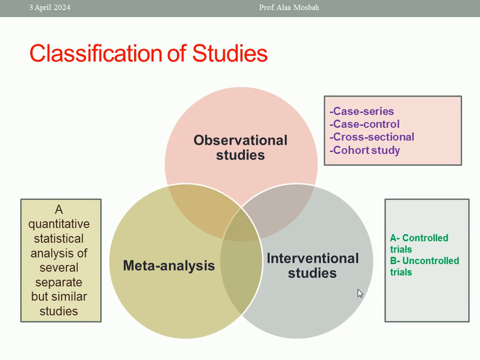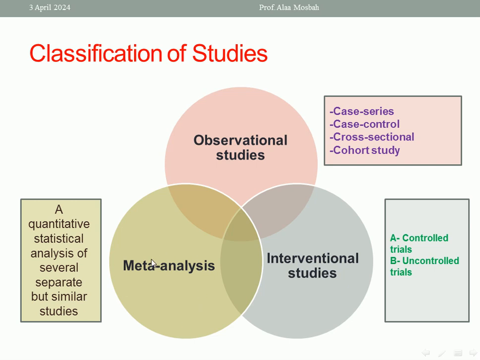Triple blind, those who are doing the statistics also don't know who is taking drug A or drug B, for example. So a controlled interventional study, clinical trial, double blind or triple blind is better than uncontrolled, of course.